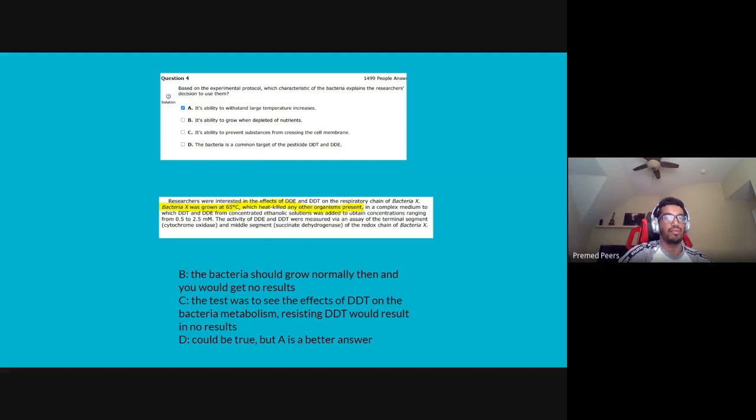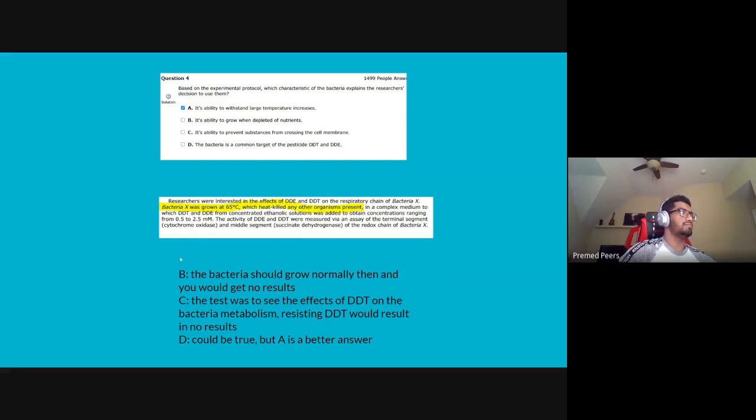So that is the important part of the passage to look at when you're trying to find the researcher's decision to use bacteria X, because they reference that the temperature it can grow at, 65 degrees Celsius, is actually killing other organisms present. And we also have to think about how proteins are generally denatured at these high temperatures, but bacteria X is still surviving.